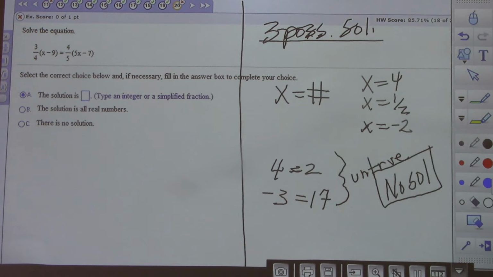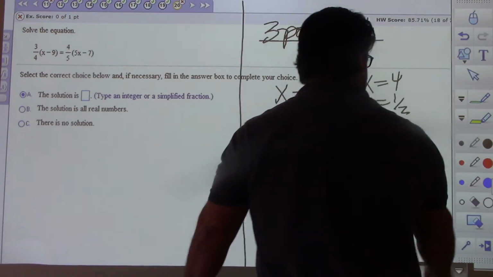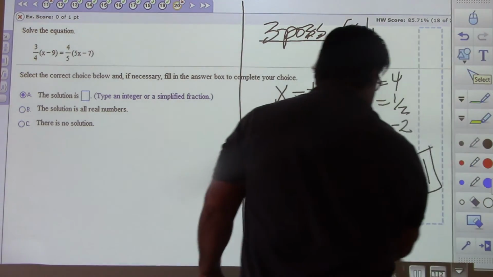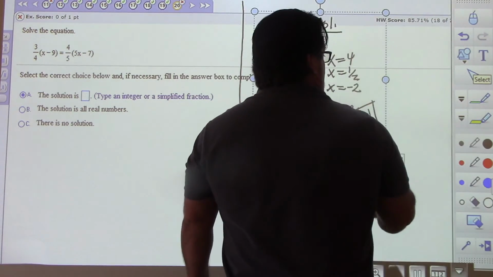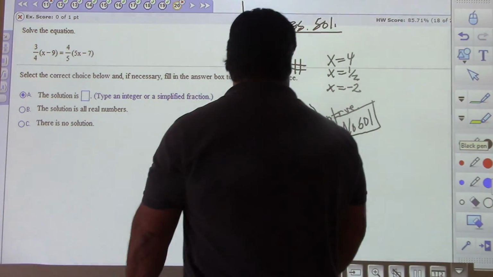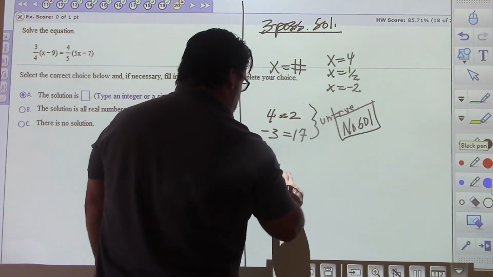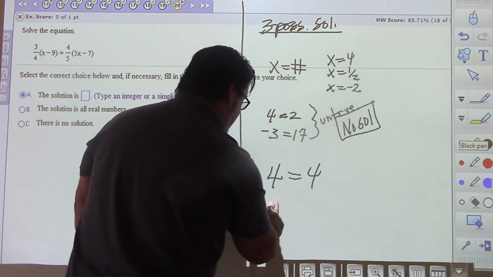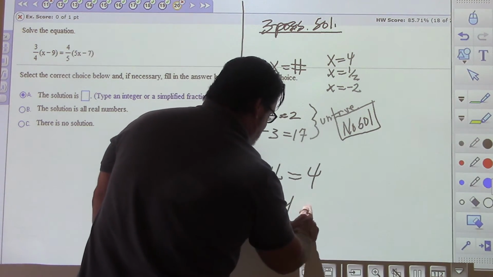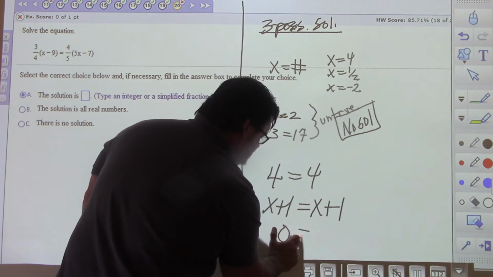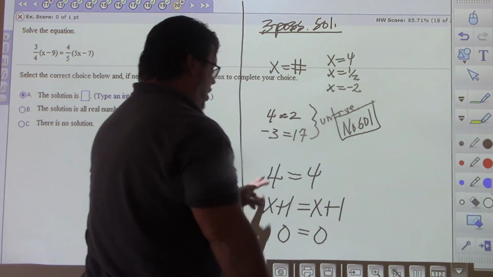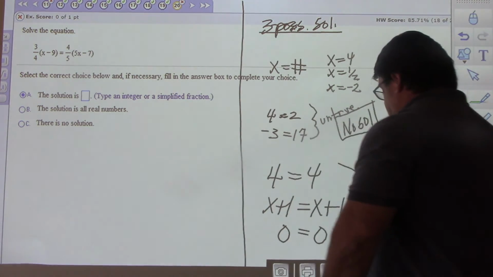And then there is a true statement that comes out. The true statement says 4 is equal to 4, or x plus 1 is equal to x plus 1, or 0 is equal to 0. Are all 3 of those true? Yes.